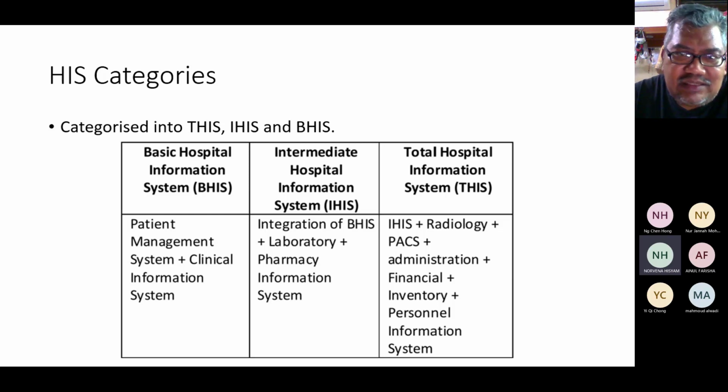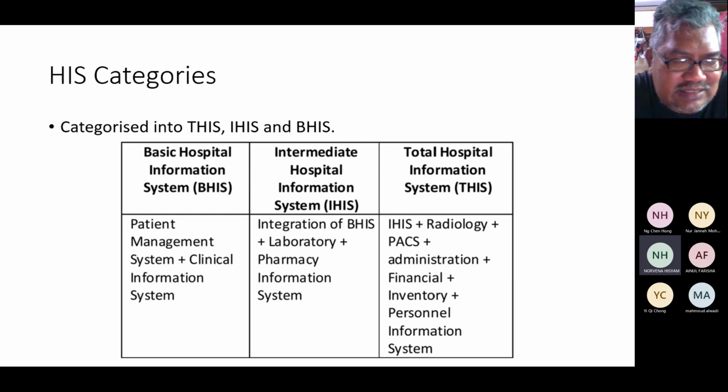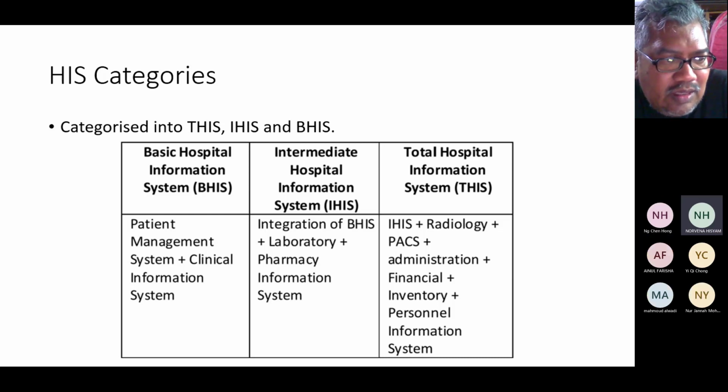The clinical information system is not really like what you had in the lecture of CDSS. The clinical information system is more of a record of every single encounter the patient had with the aforementioned healthcare facility. If they come to hospital, what is the date of admission, the date of discharge, what are the records, and so forth.